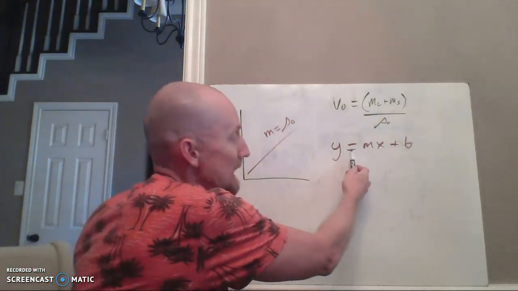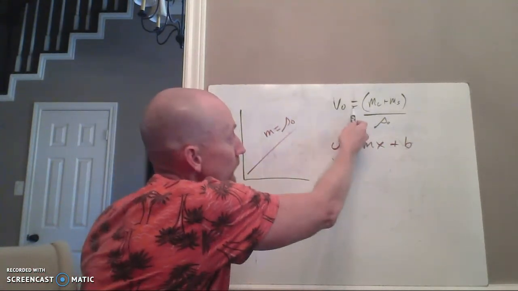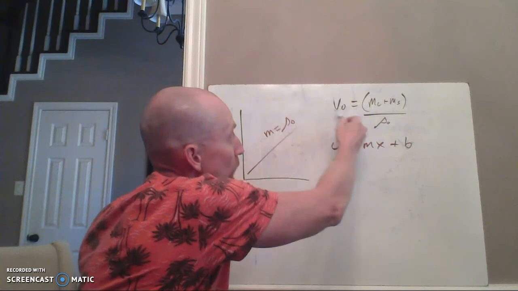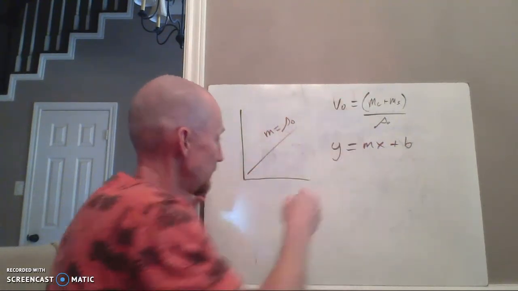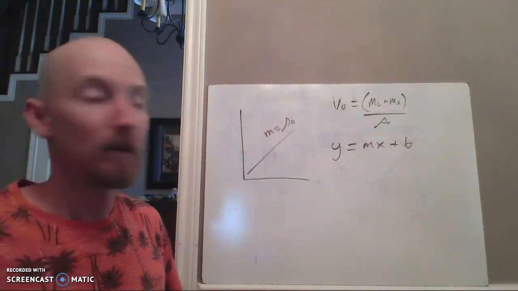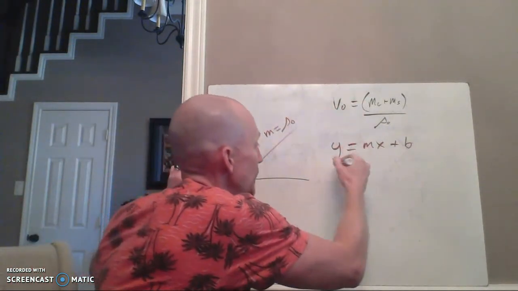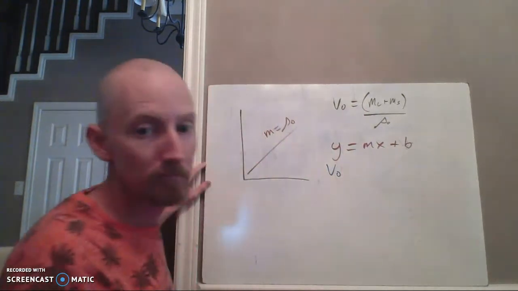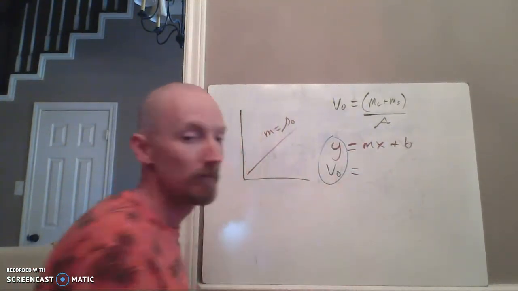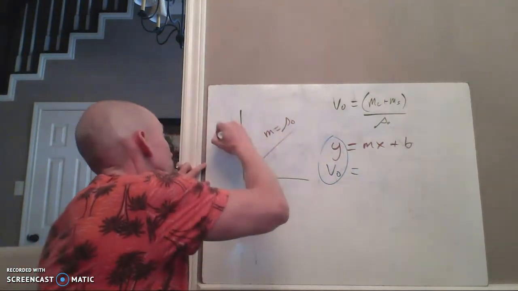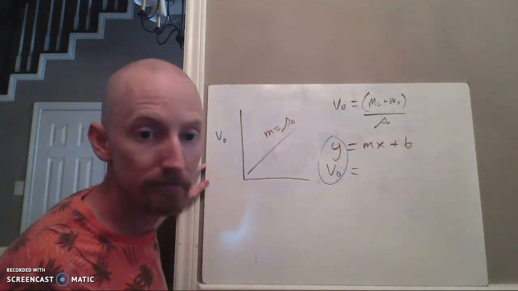Now, I have an equal sign here. You see I have one there. See how I already have one thing here? Perfect. So this V naught, pick a different color. This V naught can be my Y. Perfect. There we go. That's what I can graph on my y-axis.